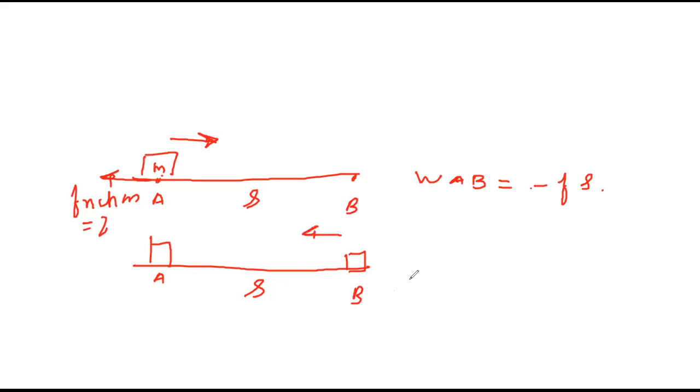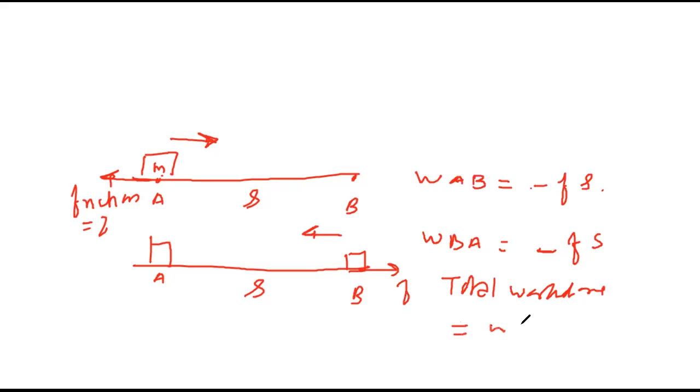Now where will the friction be when I take B to A? Again opposite. So work done when the body is taken from B to A is again minus force into displacement. So total work done equals work done from A to B plus work done from B to A. Both are minus Fs, minus Fs.